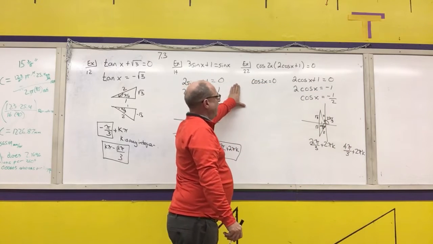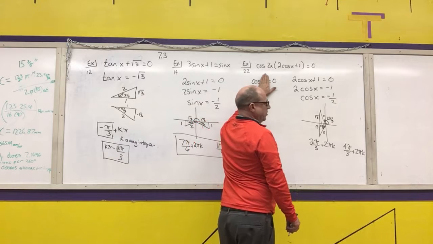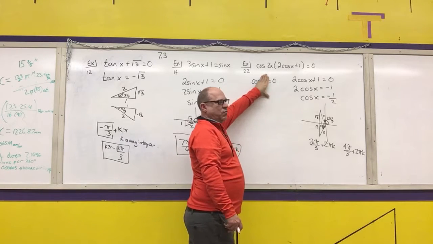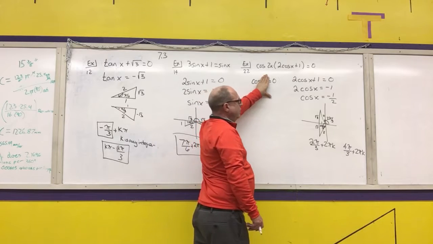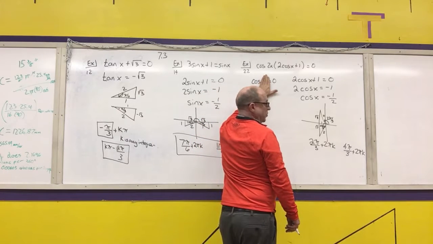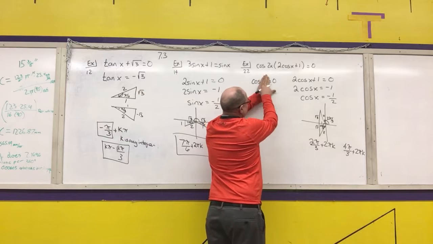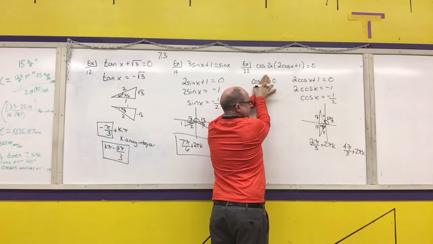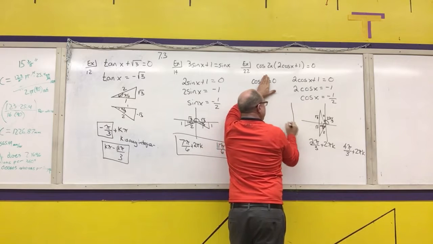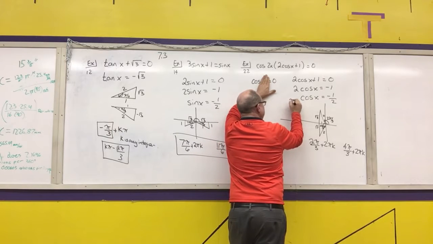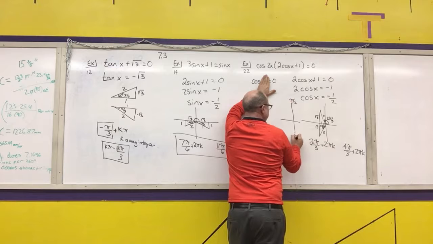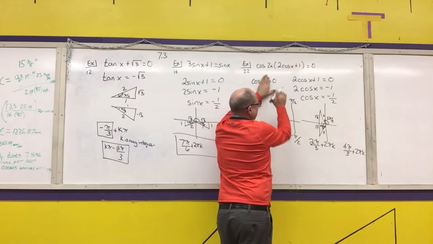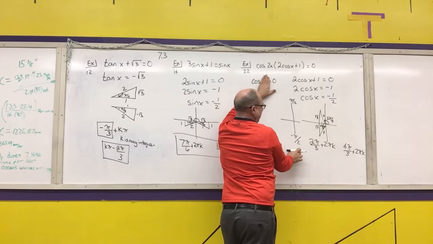Now let's look at this one. I want to know when the cosine of an angle is equal to 0. Well, the cosine of an angle is equal to 0 when this angle is equal to either pi/2 or negative pi/2.